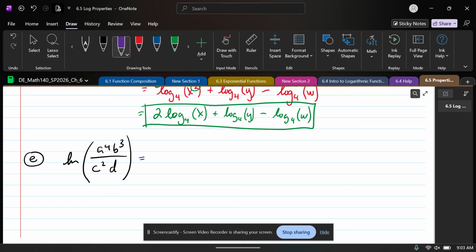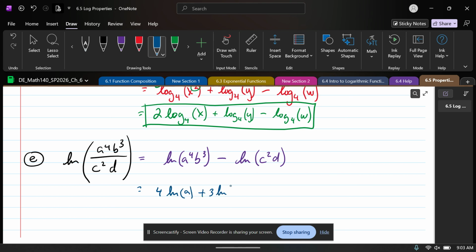So natural log of a to the 4th, b cubed. If you want to split it out one piece at a time, you can. I typically don't do as many steps. In my brain, I did that step. The next step that I would do would be split it apart and do 4 natural log a plus 3 natural log b.